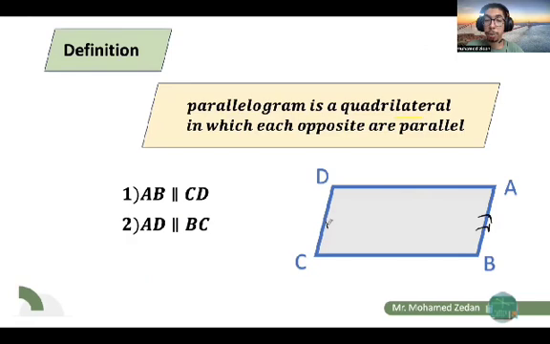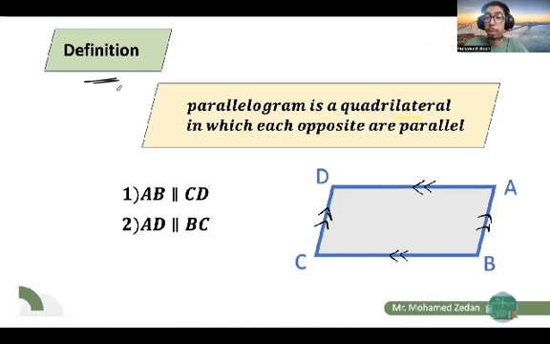If AB is parallel with CD and AD is parallel with CB, that means each opposite side is parallel. Then if I ask you about the definition of the parallelogram, you will tell me that a parallelogram is a quadrilateral in which each opposite side is parallel.